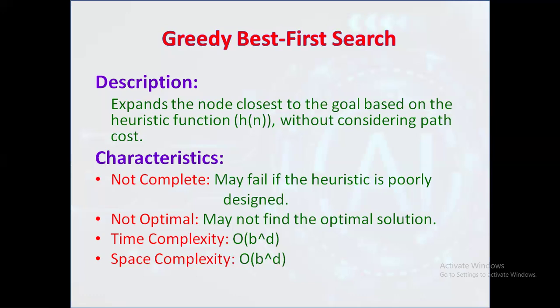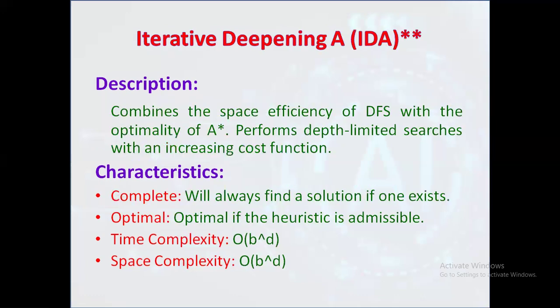The next one is iterative deepening A star. Iterative deepening A star, that is IDA star, combines the space complexity of depth first search with the optimality of A star.